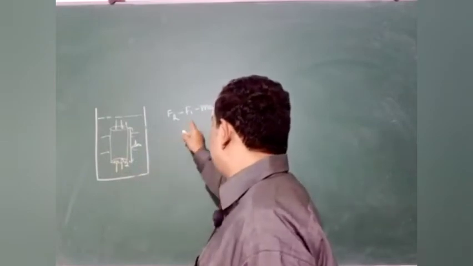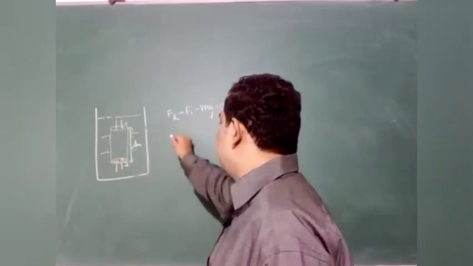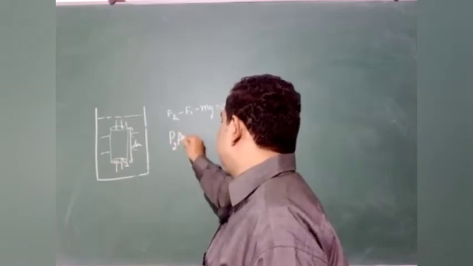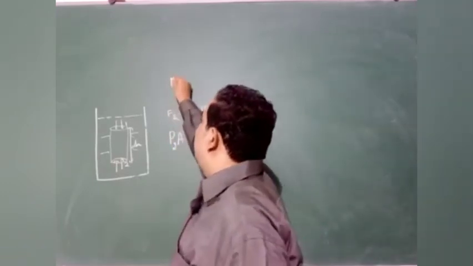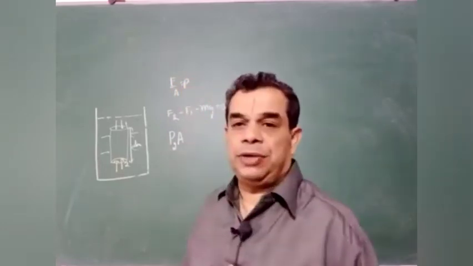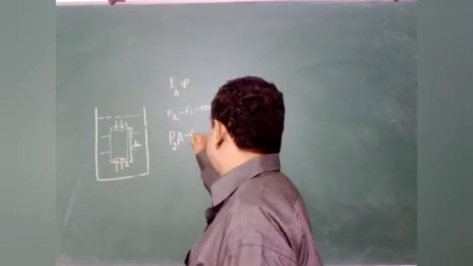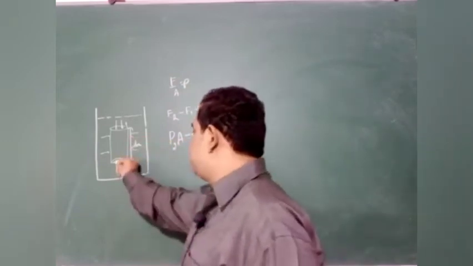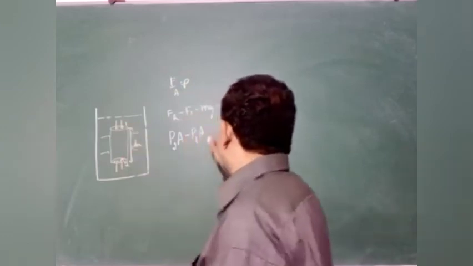Now observe, we write down all the things. F2, in terms of pressure, I write P2 into A, because we know F by A is pressure P. So P2 into A minus P1 into A, where A is the area of this part.